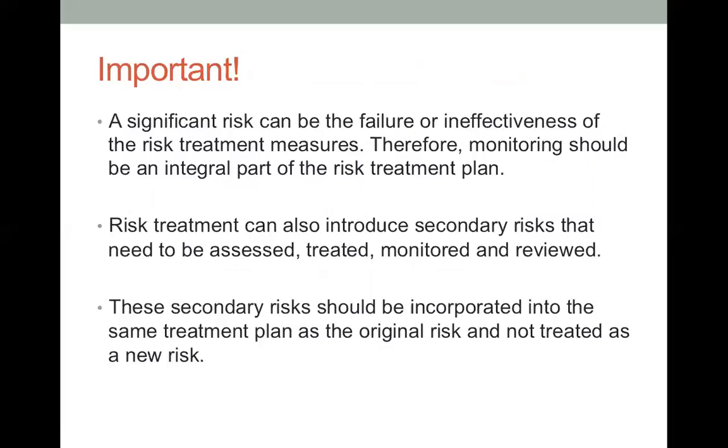It is also important to understand that a significant risk can be the failure or ineffectiveness of the risk treatment measures, so we need to keep monitoring our risk management plan. For instance, we may decide on a certain treatment plan, however, we may have failure in implementing it, and that will determine the effectiveness of our program.